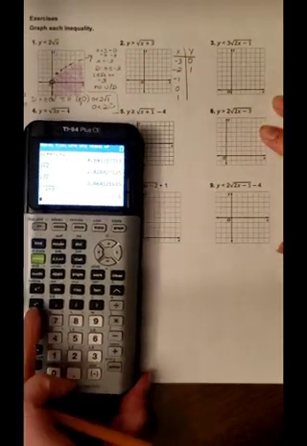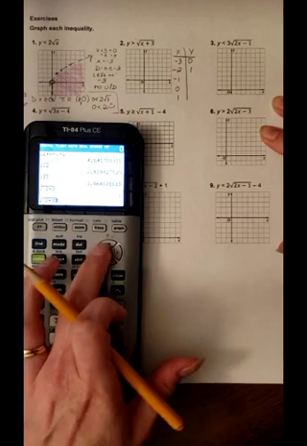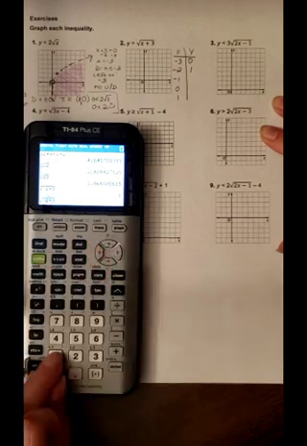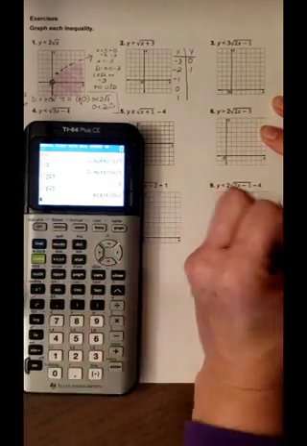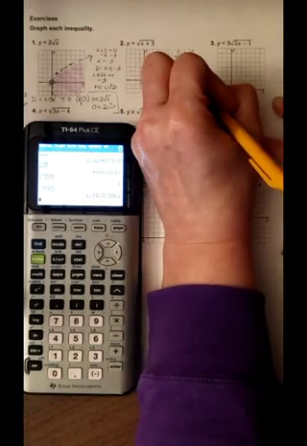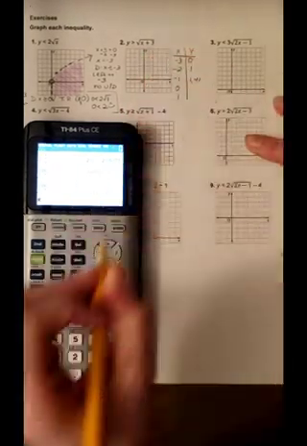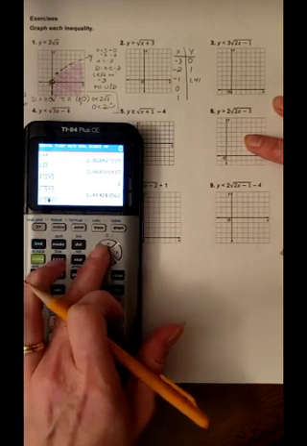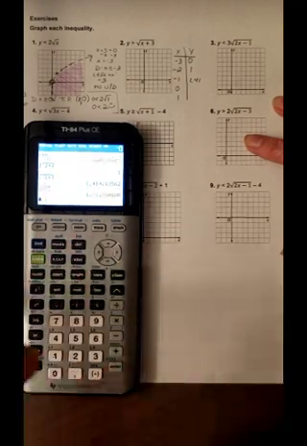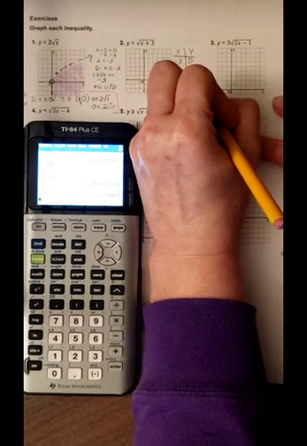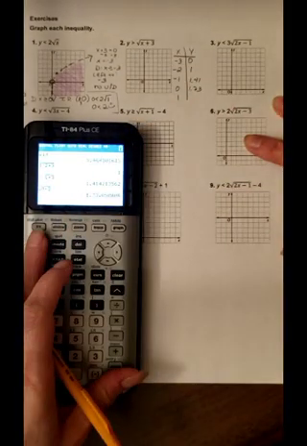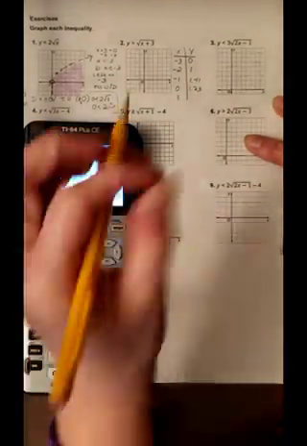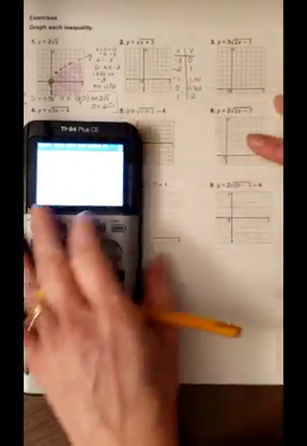Next, negative 1 plus 3, take its square root, will be 1.41. Plug in 0, 1.73. And lastly, we plug in 1. What's 1 plus 3? It's 4. Square root of 4 is 2.